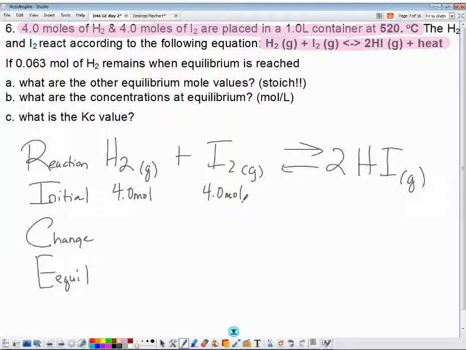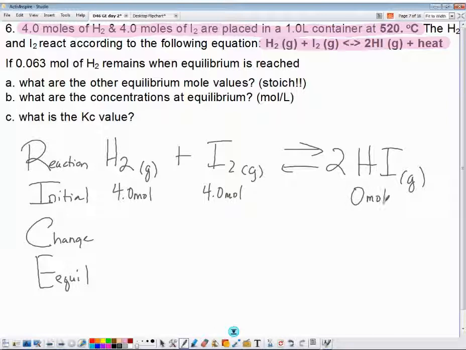In that first sentence that I highlighted, did they mention anything about HI? No, they did not. So how much HI, Hayden, should I record that I have initially? How much? Nada, 0 moles, none.